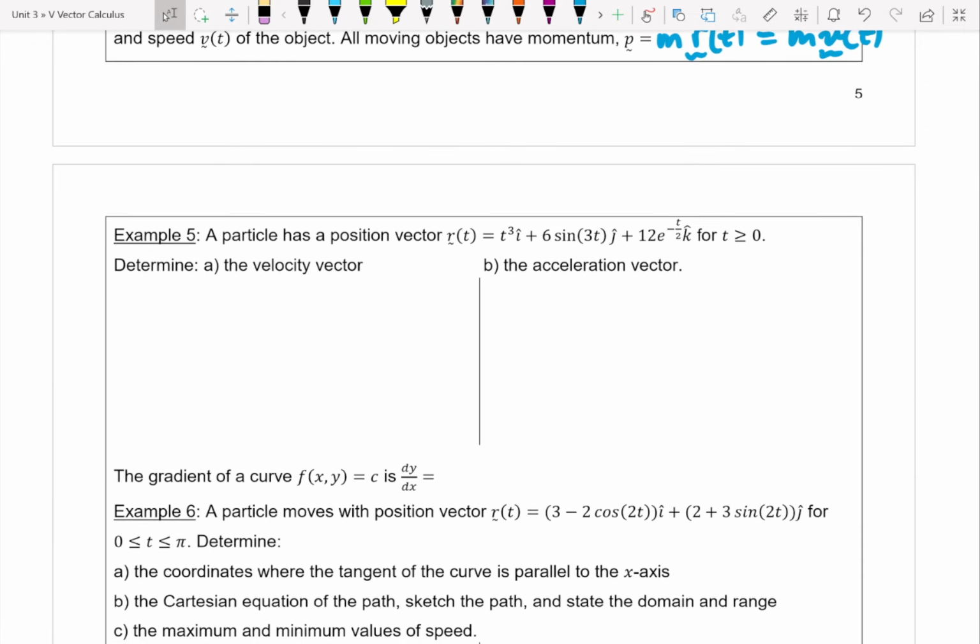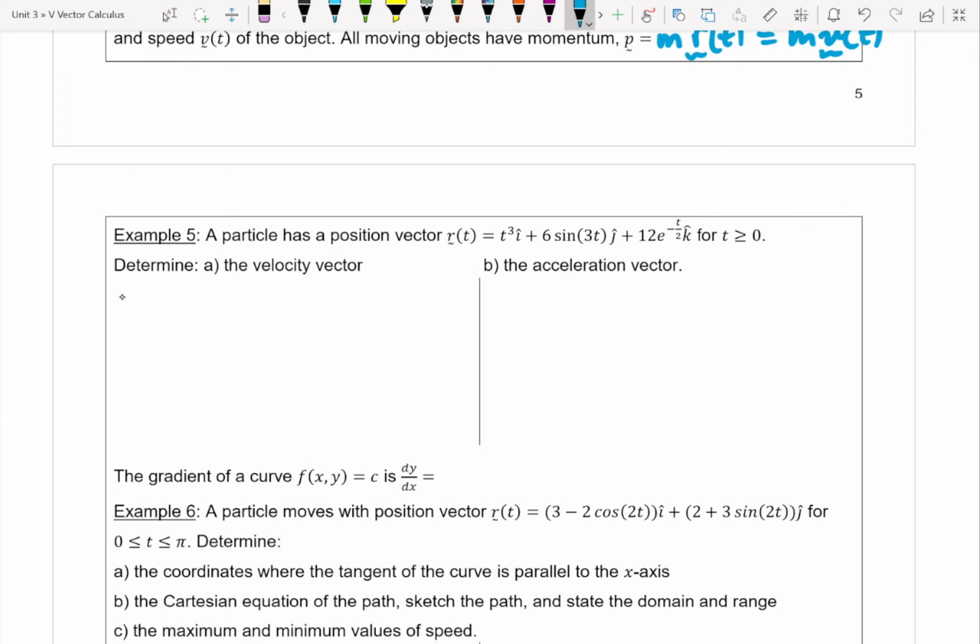So we're given the following particle with a position vector of r, and we're asked to determine the velocity of that vector. So t cubed i plus 6 sine 3t j, and then plus 12e to the negative t on 2 k. This is a three-dimensional position vector.